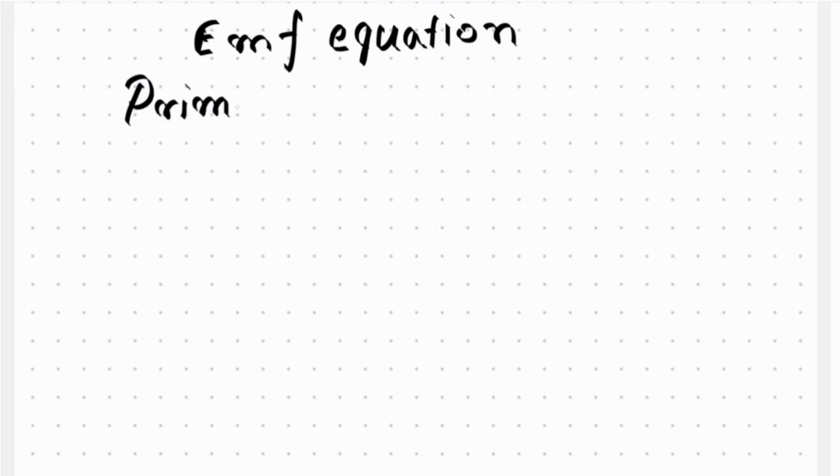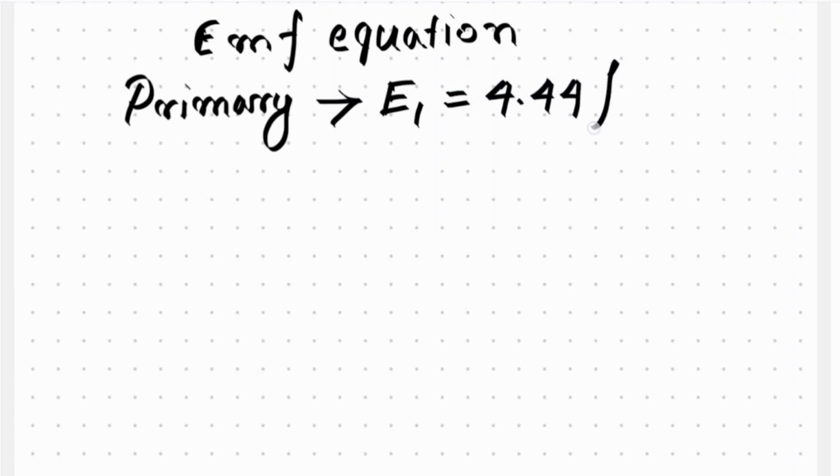Okay, here again I am writing the EMF equation for the primary and the secondary winding. The EMF equation for the primary winding, we can write E1 is equal to 4.44 f phi m N1.